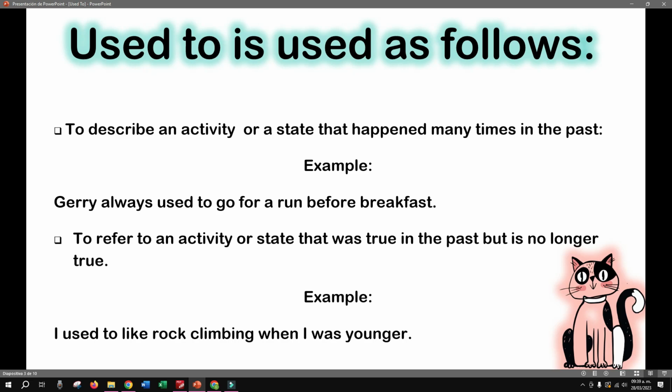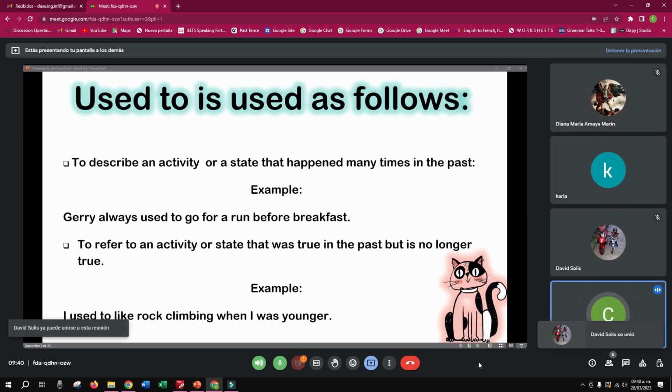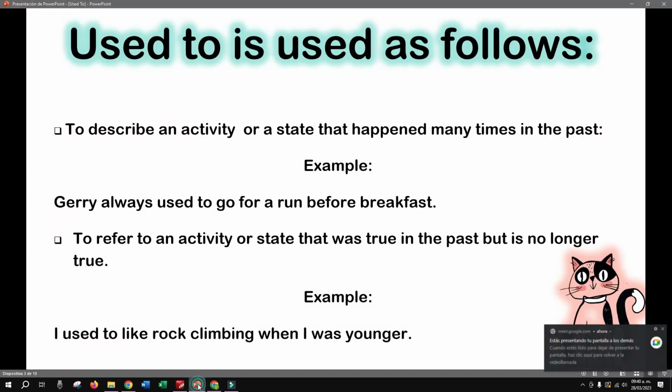So when I was younger, I used to do that action, but nowadays I don't like climbing at all. So that would be the difference there, right?